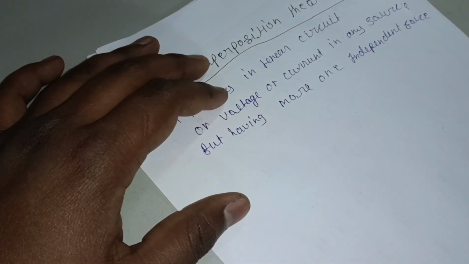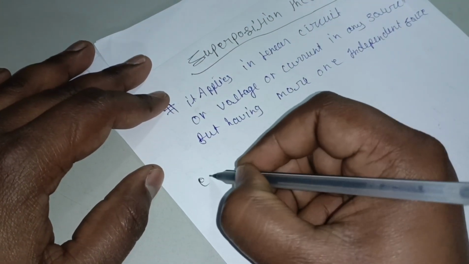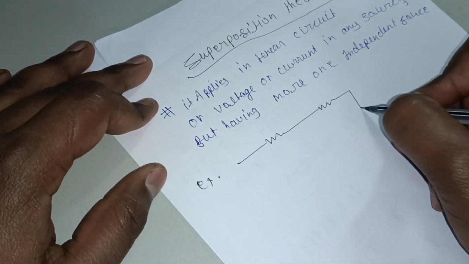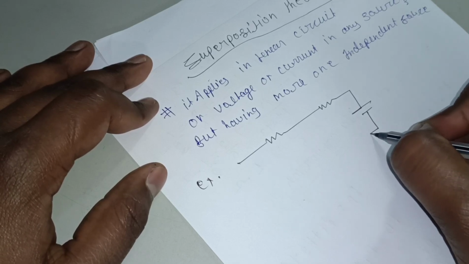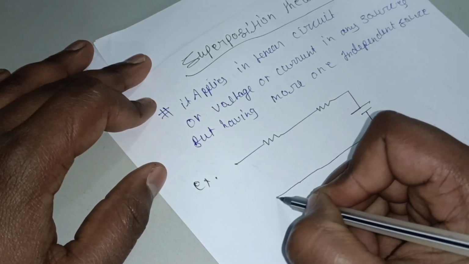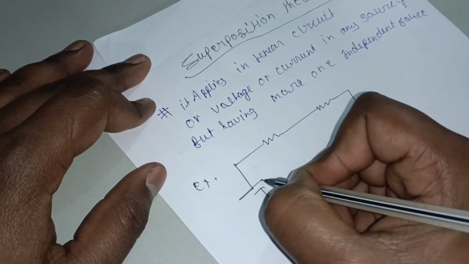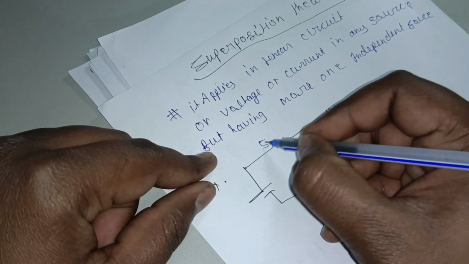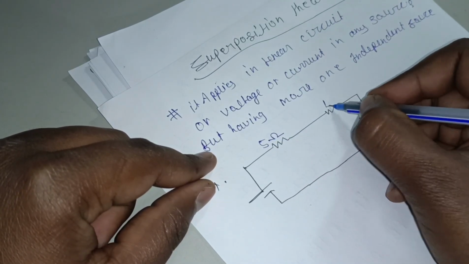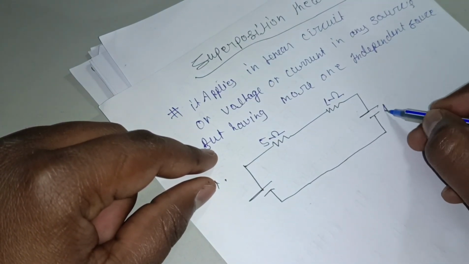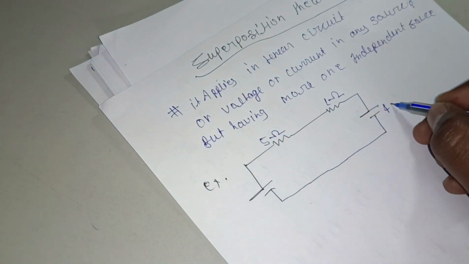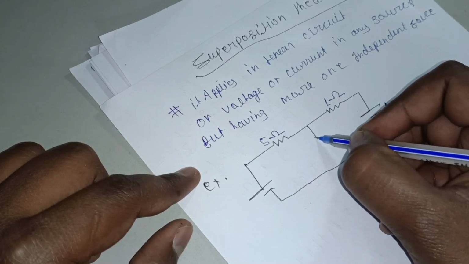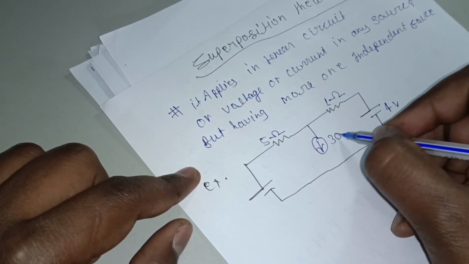So let's discuss one example on it. It is 5 ohm, it is 1 ohm, it's 4 volt, and this is current downside 30 ampere.